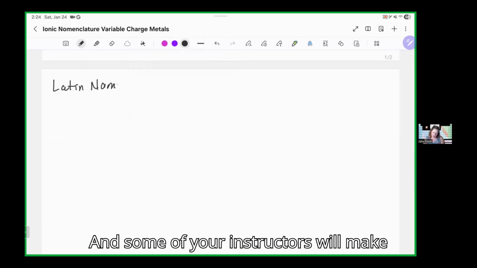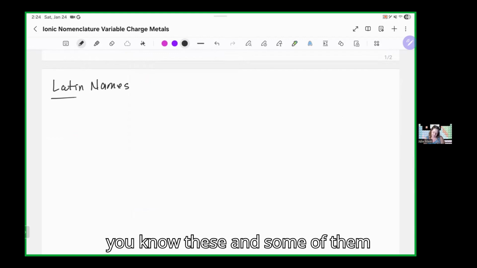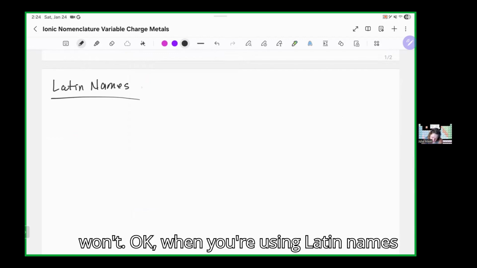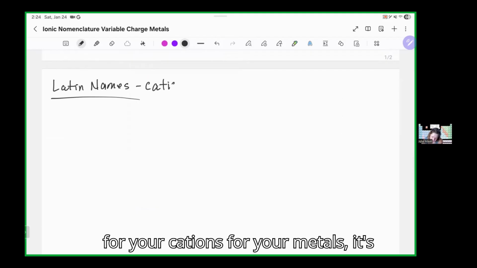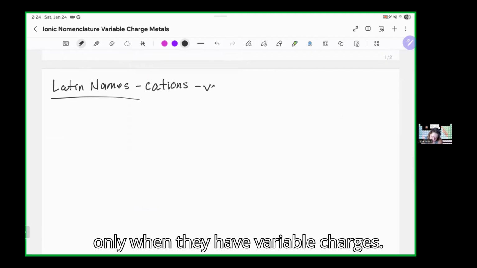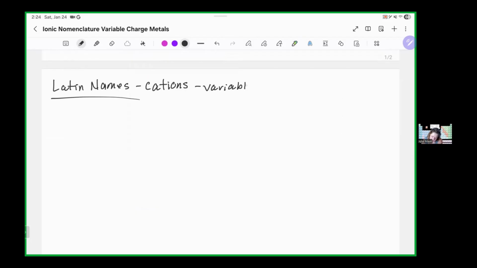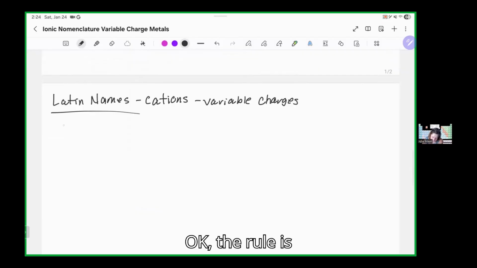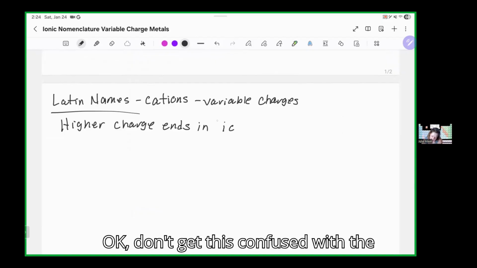Some of your instructors will make you know these and some of them won't. When you're using Latin names for your cations, for your metals, it's only when they have variable charges. Okay, the rule is the higher charge ends in ic.